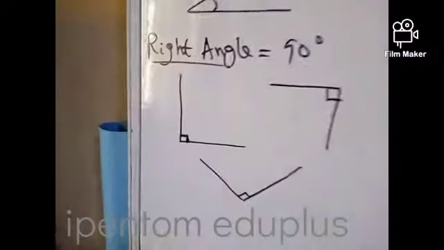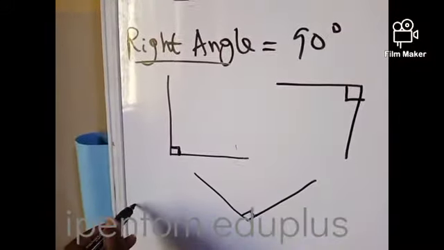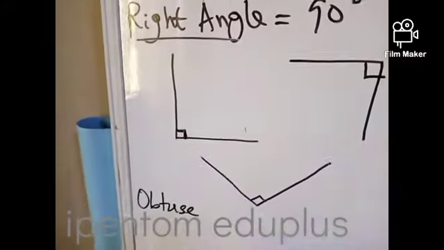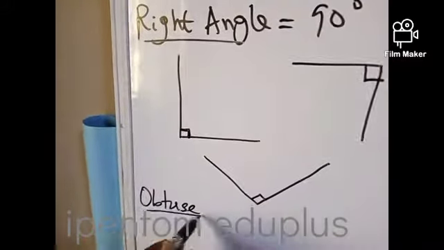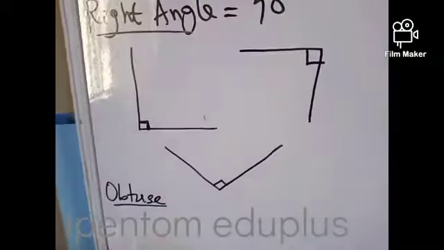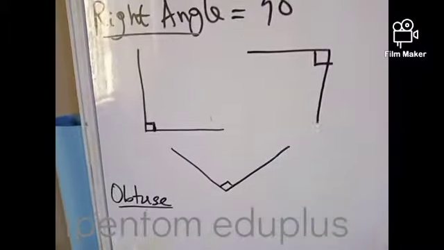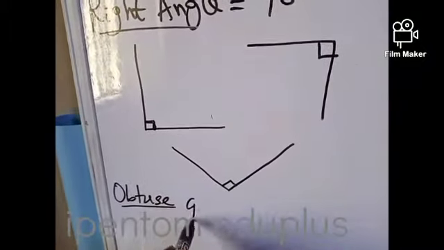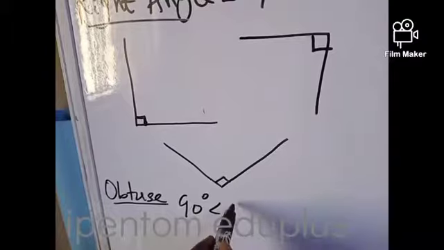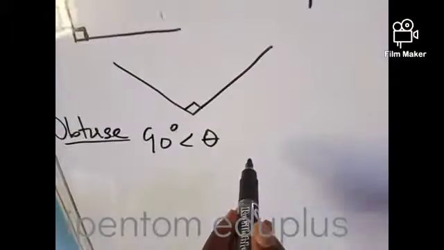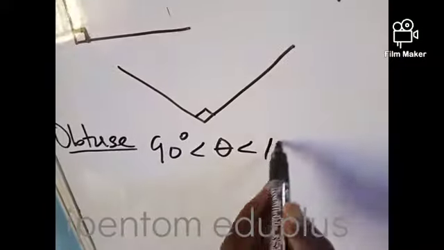Apart from right angle, we have what you call obtuse angle. For obtuse, the angle is usually between 90 and 180. So we can say 90 degrees is less than theta, which represents the angle, and theta is less than 180 degrees.